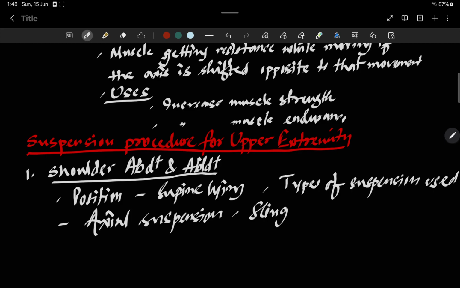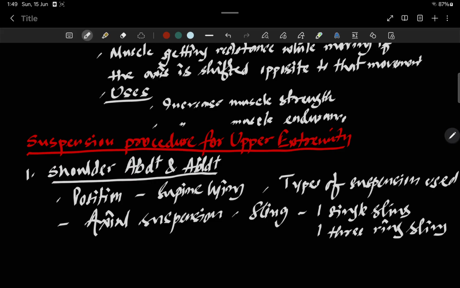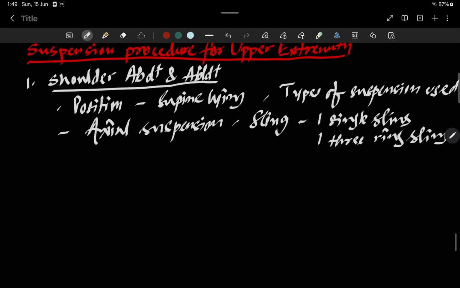Slings used are one single sling and one three ring sling. Next are the ropes used: one single rope. Next is the procedure.